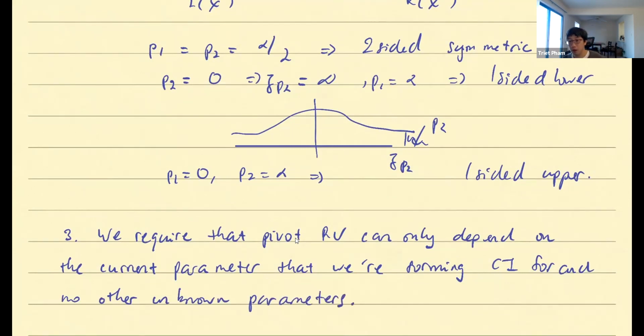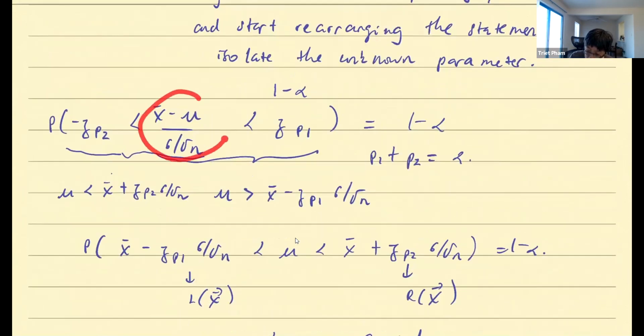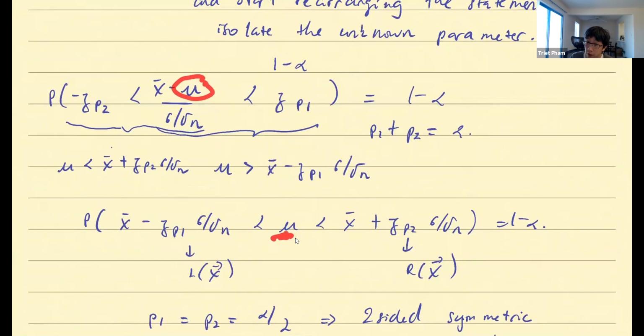Okay. So in other words, what I'm trying to say is this. When you form a pivot random variable, you will pivot around it, so basically you isolate the unknown one that you want to form the confidence interval for.